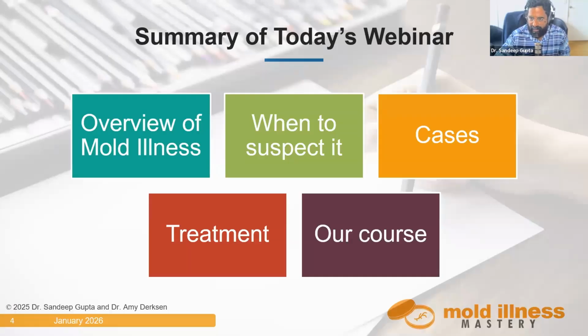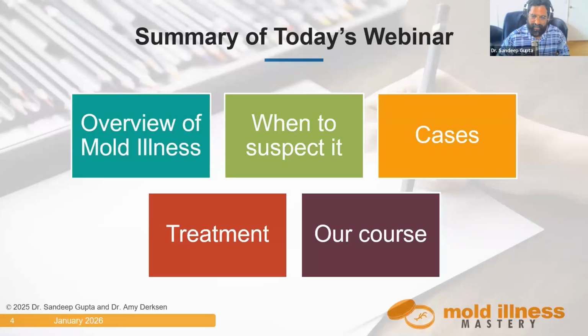I guess this is where the rubber hits the road. Let's say you are a family physician or internal medicine physician, or a naturopathic doctor, and you're seeing so many clients and patients with chronic illness. How do you know in which ones your little flag should go off in your head, saying, hang on, is mold a part of this?